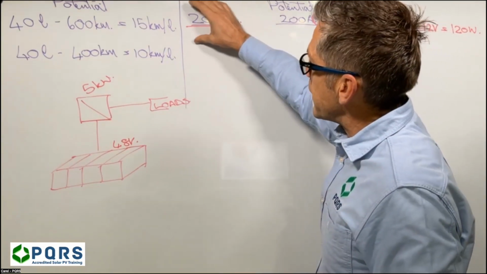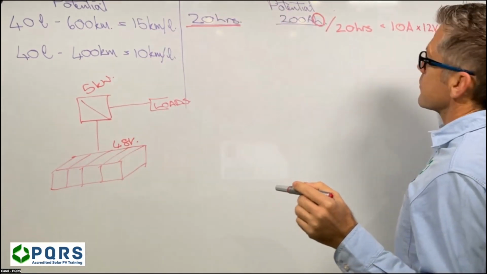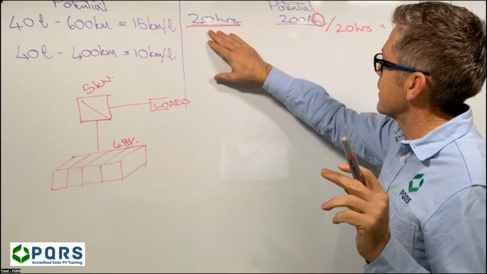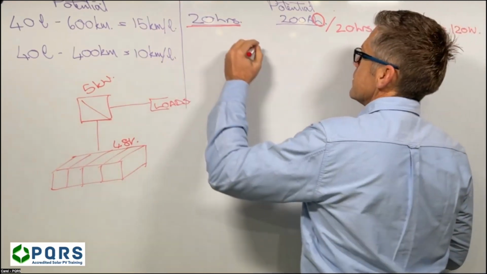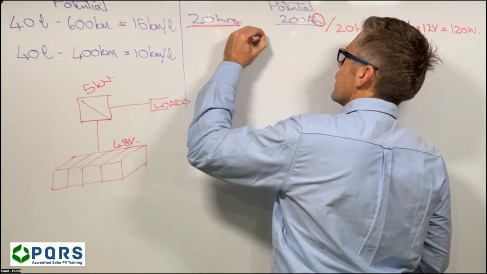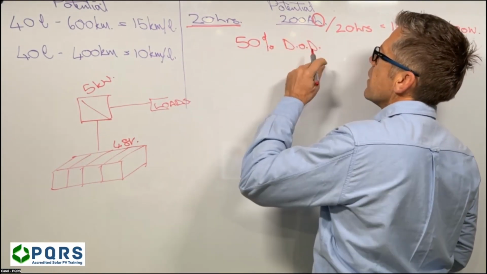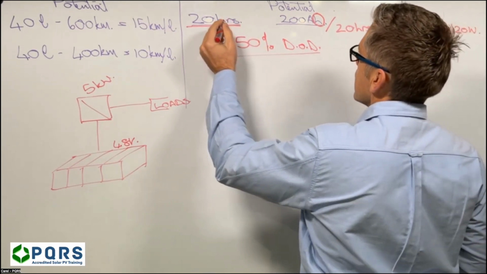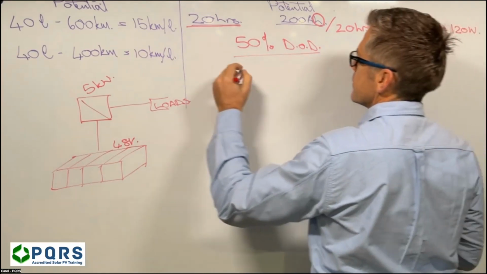We've got the potential to discharge at that rate over a period of 20 hours. But if we want to still have 50% depth of discharge, then we will only be able to discharge at that rate.